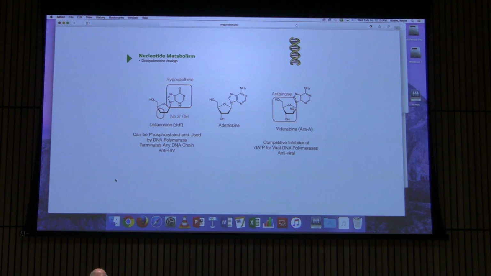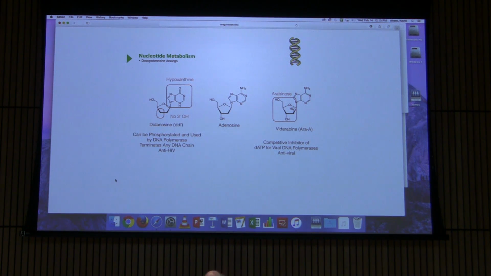One gets put in and stops; the other inhibits the synthesis before it gets put in. So the one on the right inhibits the polymerase, and the one on the left inhibits the polymerase from acting further. That's the strategy of all these.